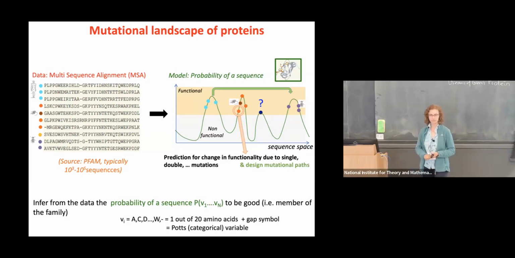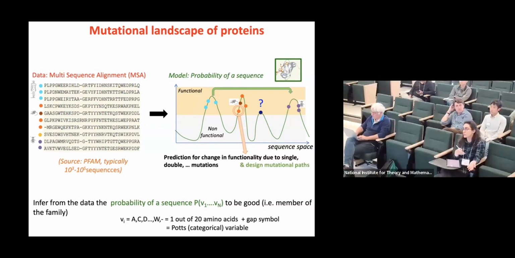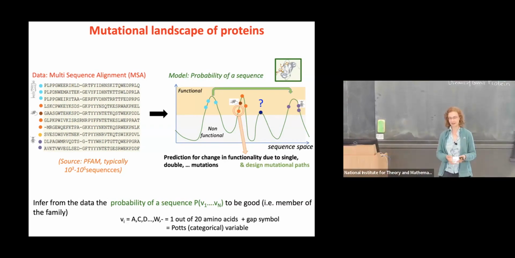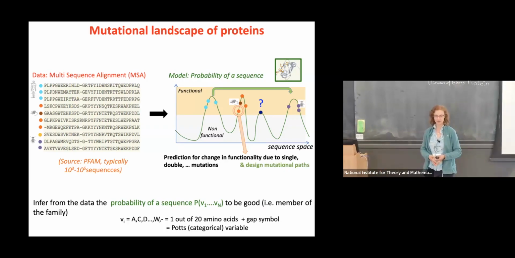How do we know this rugged landscape could be a good fit for this data? There is a very practical way of doing it: for example, design a sequence and then see if it's functional or not. This is the way we use. And when we fit the model, we are sure that we are not overfitting.